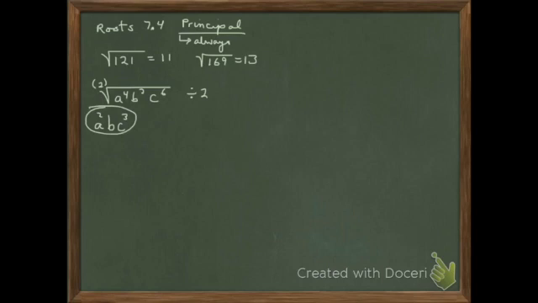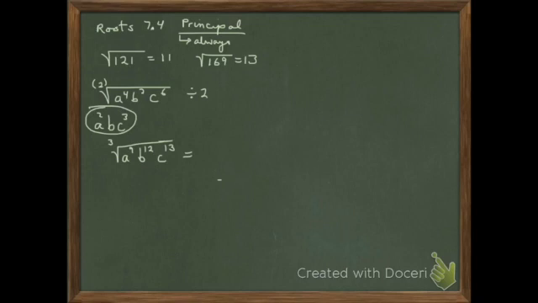But if I have something where they did not all divide evenly, let's say instead I had, let's do a cube root instead, and I'll get a to the 9th, b to the 12th, c to the 13th. What happens there?